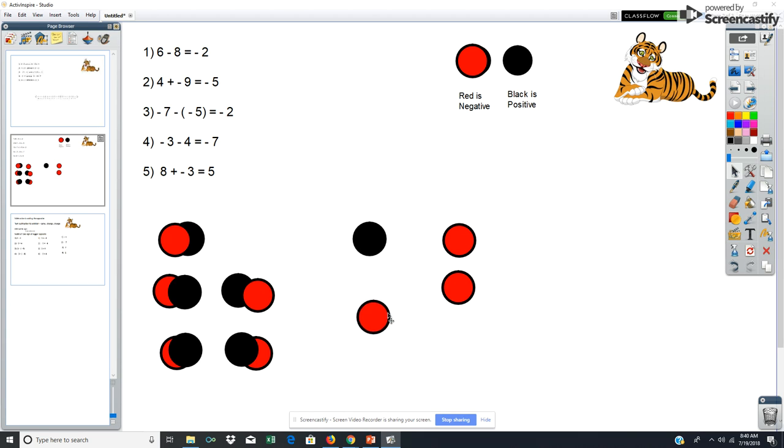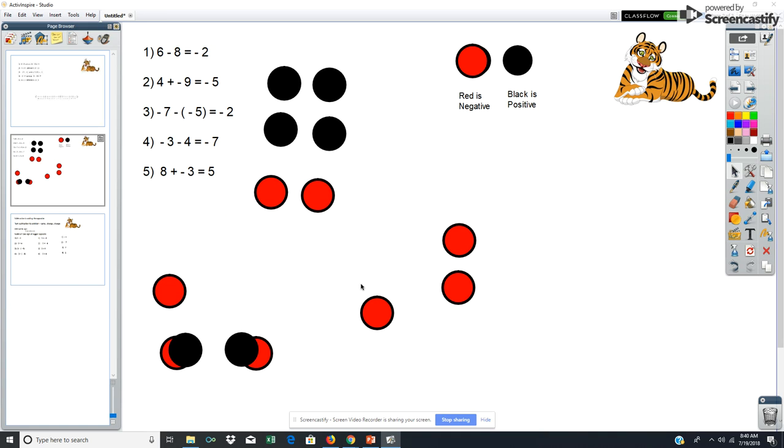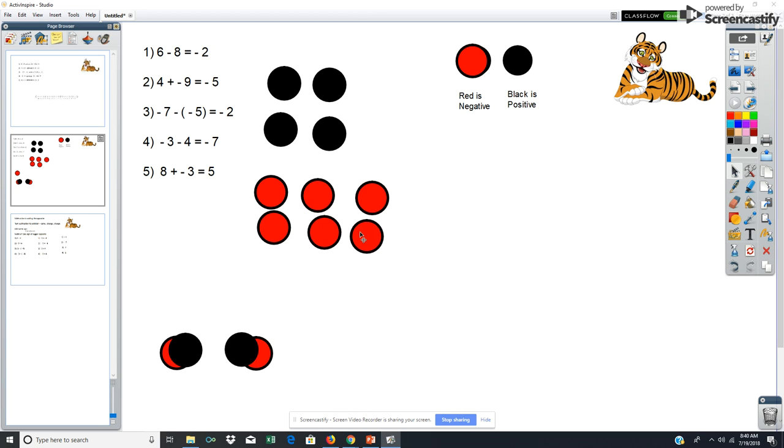Okay, let's take a look at 4 and negative 9. I'm going to move these up here this time. So here I would have 4 black representing the positive 4, and I would have 9 red. 1, 2, 3, 4, 5, 6, 7, 8, 9.